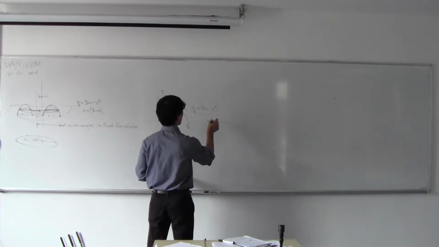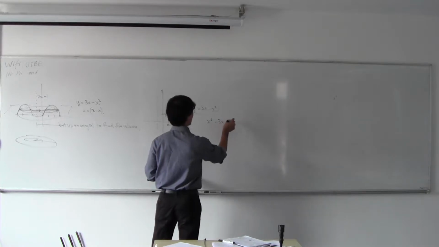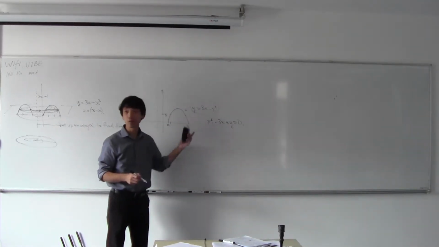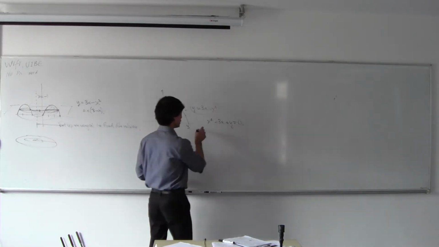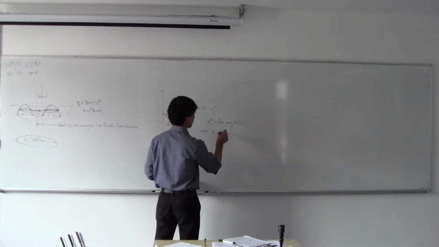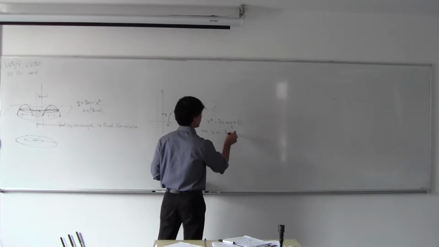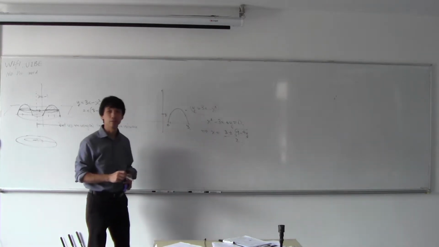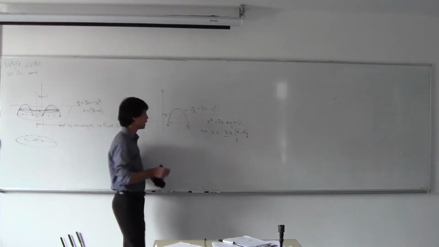Well, x squared minus 3x plus y is equal to 0, and then you use the quadratic equation. So x is going to be 3 plus or minus the square root of 9 minus 4y, over 2.